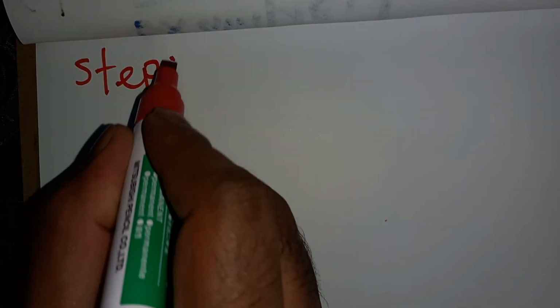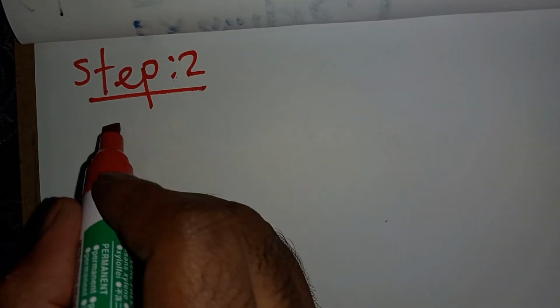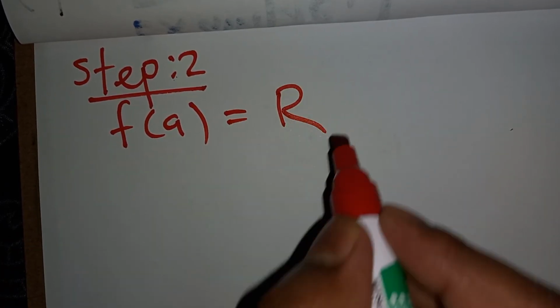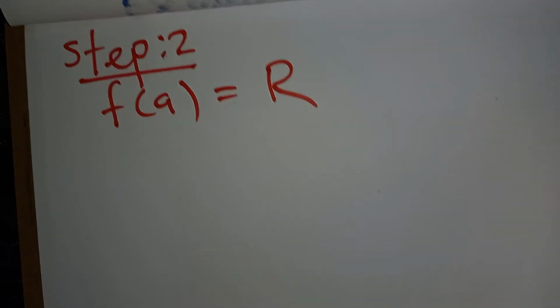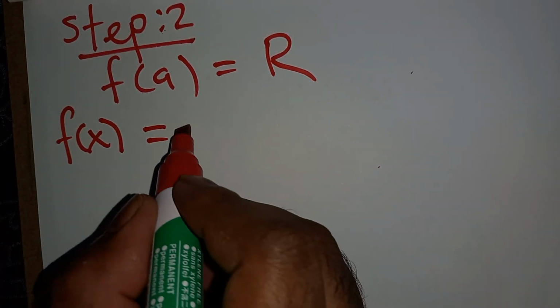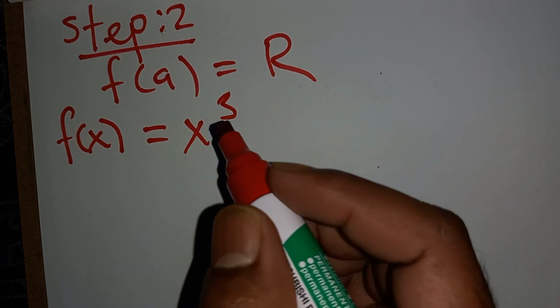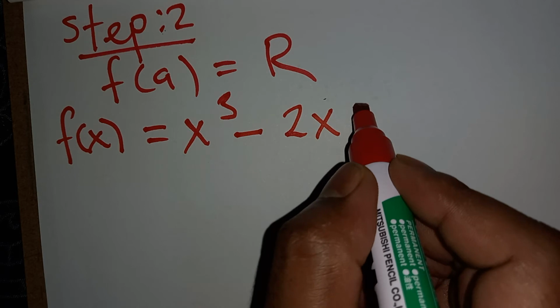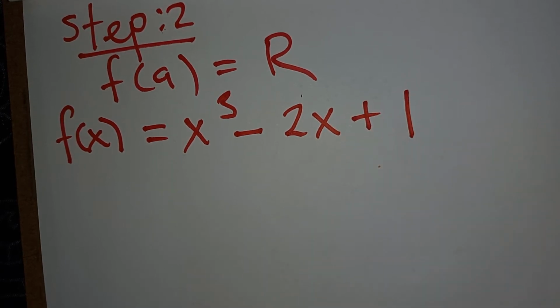So step 2, we have to do this f of a, and this will give us our r. Our f of x function here was x cube minus 2x plus 1.